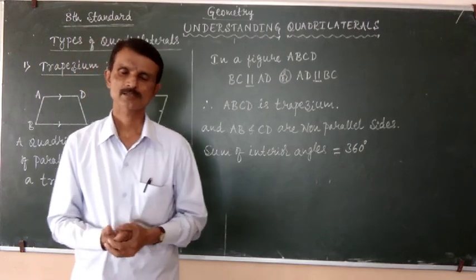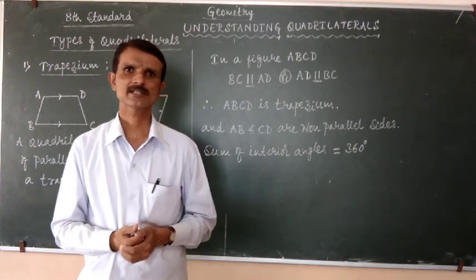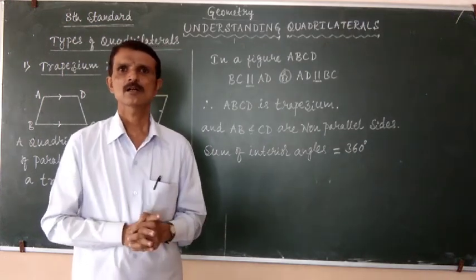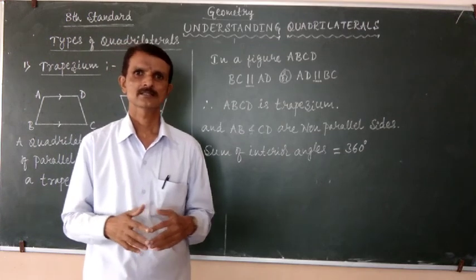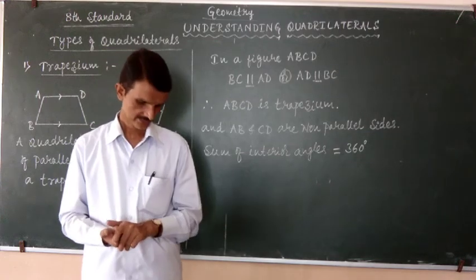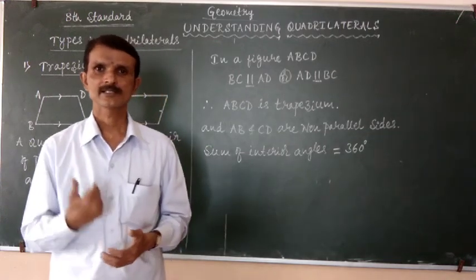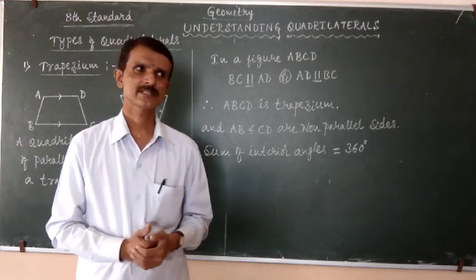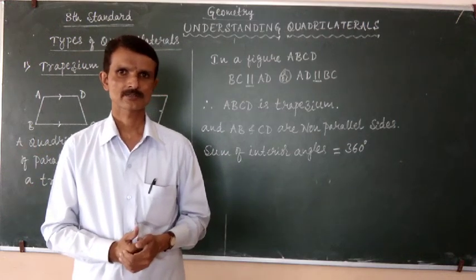In the previous classes we have studied that the sum of the interior angles of a quadrilateral is equal to 360 degrees. Friends, in the next class we will see the other types of quadrilaterals.